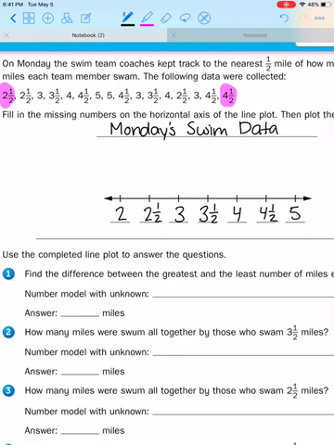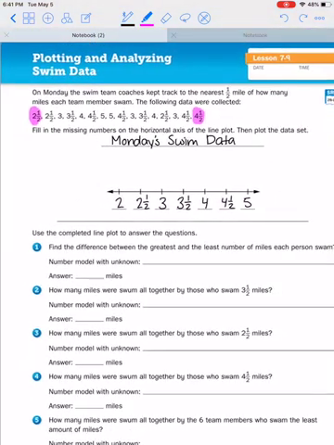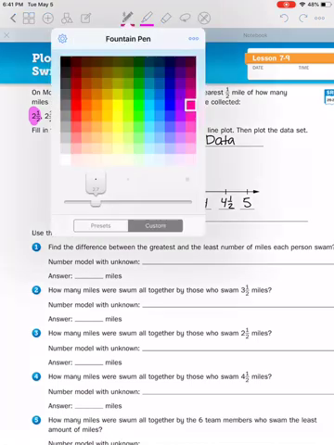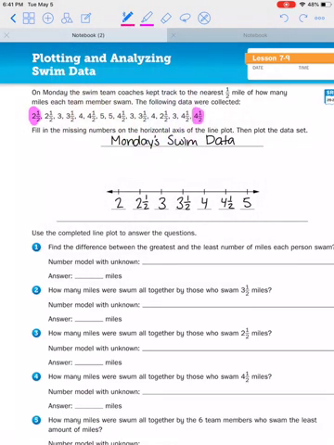And then this line on the bottom tells us what do these numbers mean to somebody who didn't get to read the problem itself. So those numbers represent the number of miles to the nearest half mile.